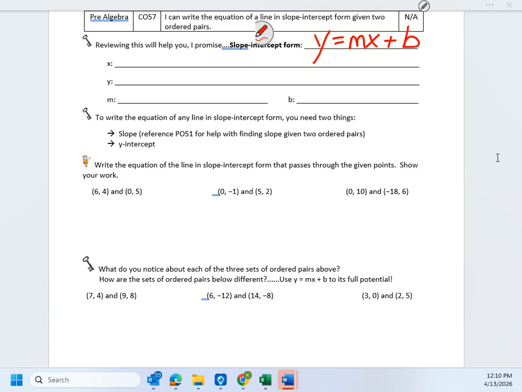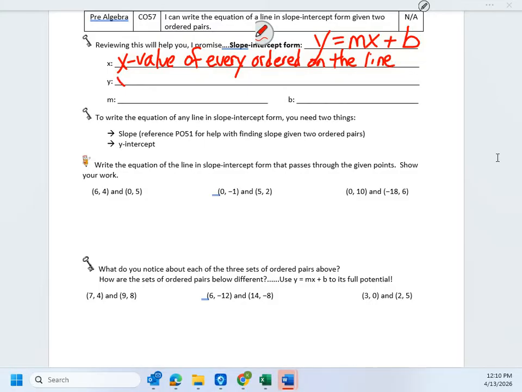So when we're looking at this, who remembers, what does the x mean in y equals mx plus b? Laurel? The x value is every ordered pair. It's the x value of every ordered pair on the line. What does the y mean, Laurel?